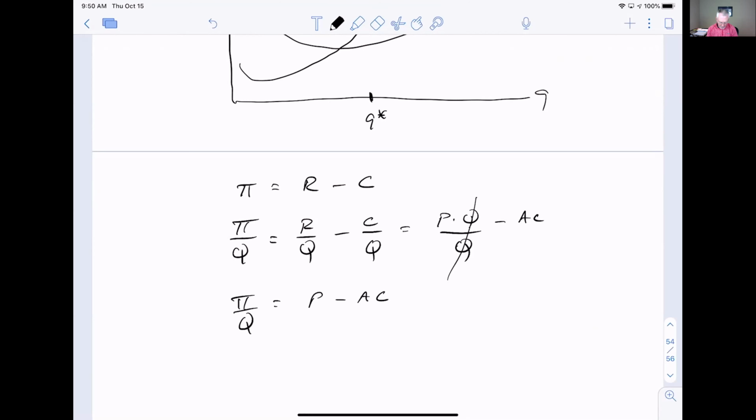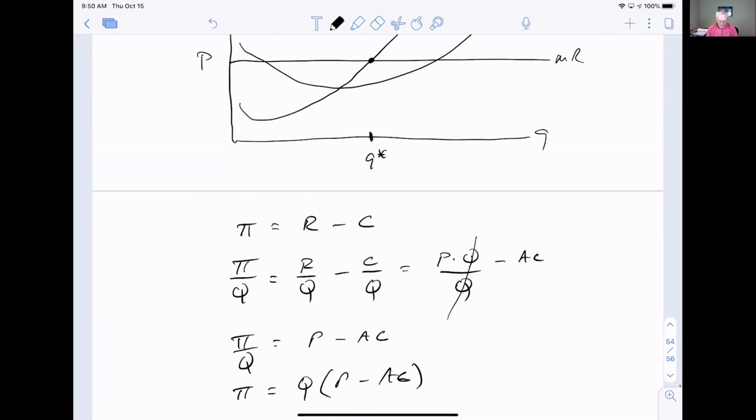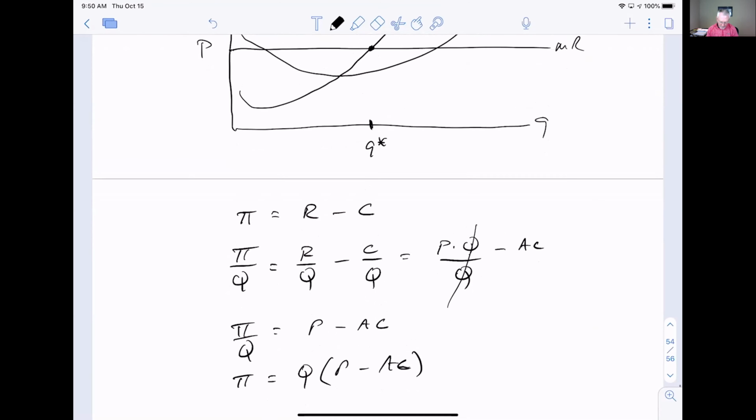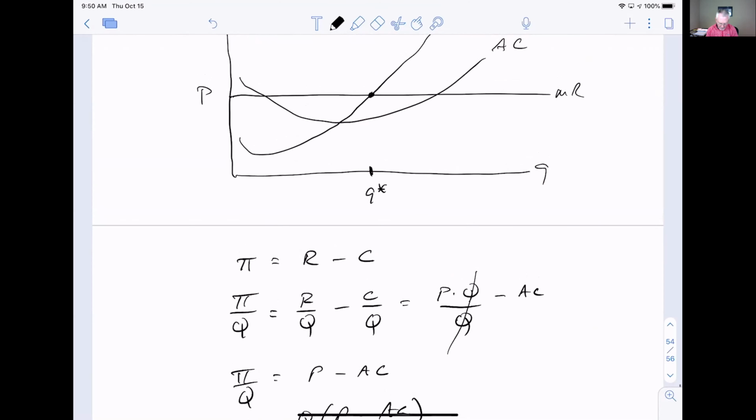And that tells me that the profit would be equal to, well, I have to multiply through by Q, which just gets me back to the difference between price and average cost.